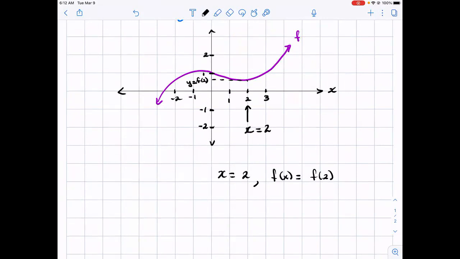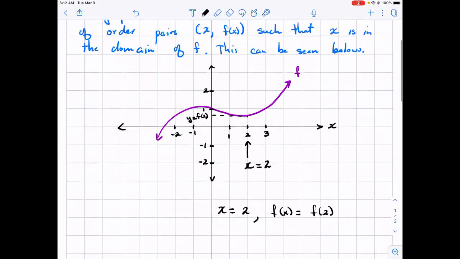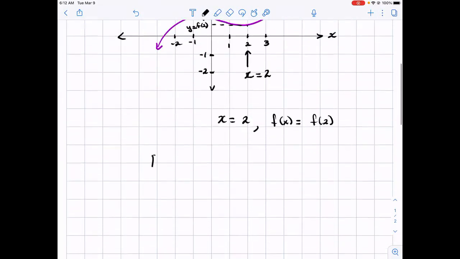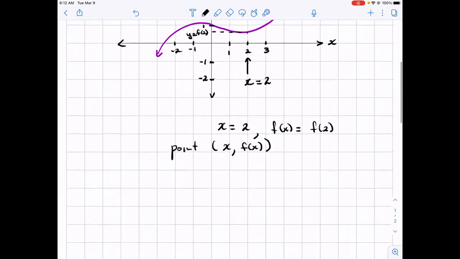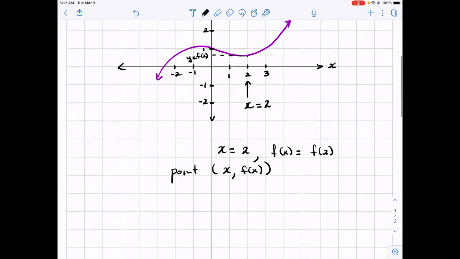And that's how we get that the point here is x comma f of x. That will just give you 1 point on the graph, and I can do this and get many points.